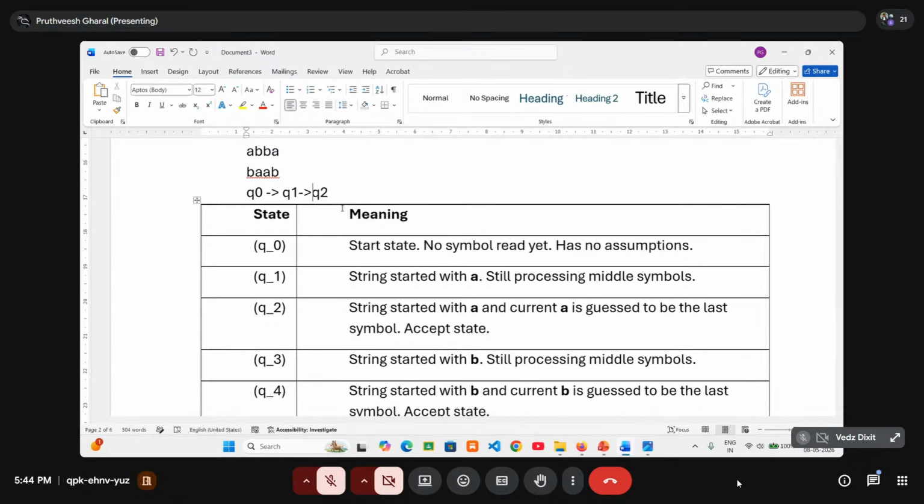Actually, sorry, this is reversed, Q2 and Q1. So, yeah.